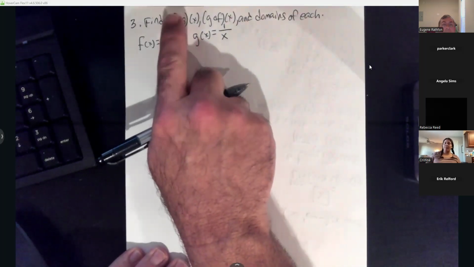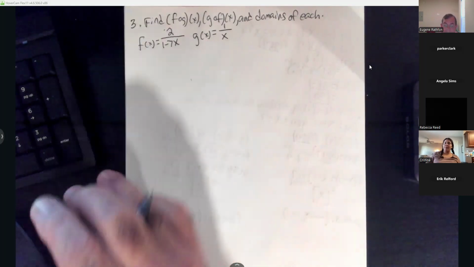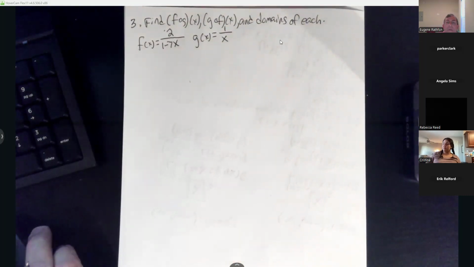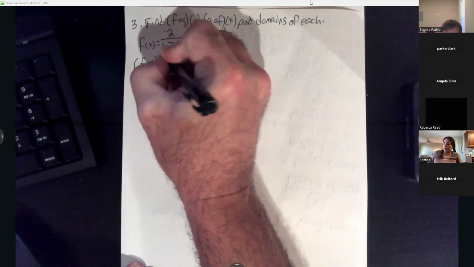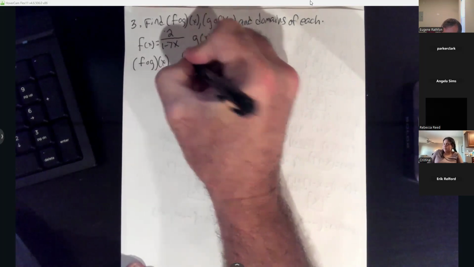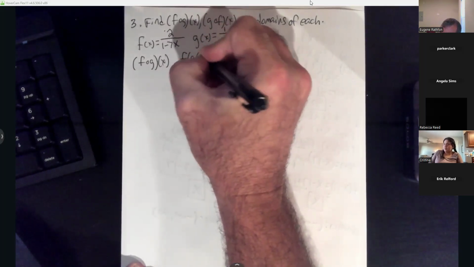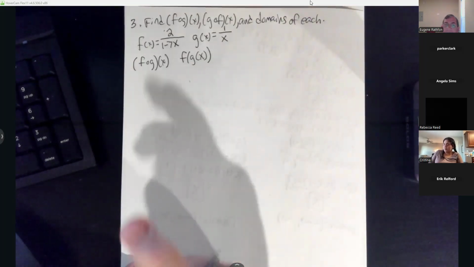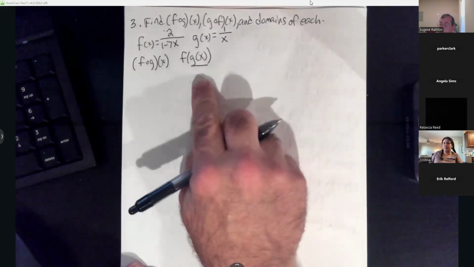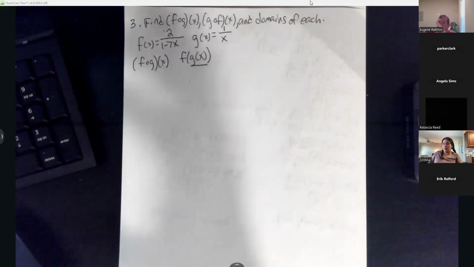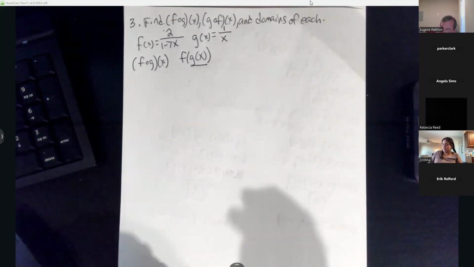So y'all, I'm going to start out doing f composed g of x. So once again, that's going to be this, f of g of x. I'll just write it like this so that y'all can see. I'm doing the g of x first because it's the innermost function, okay?